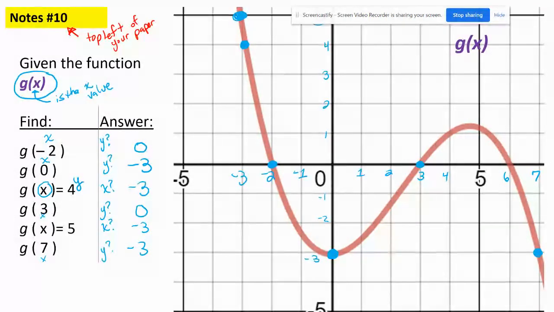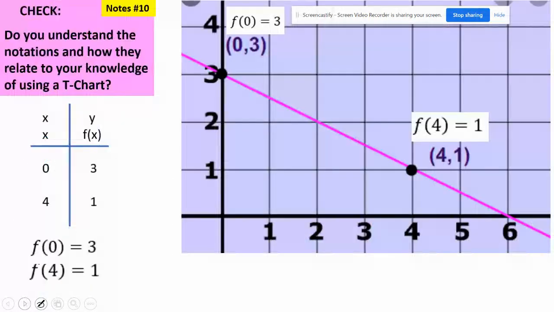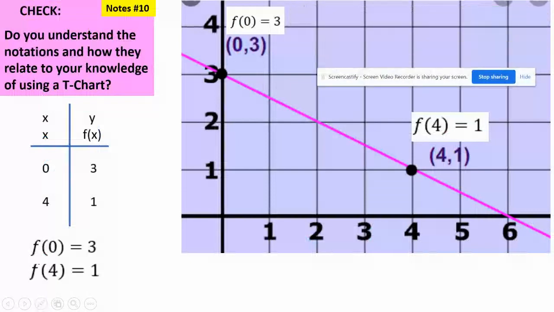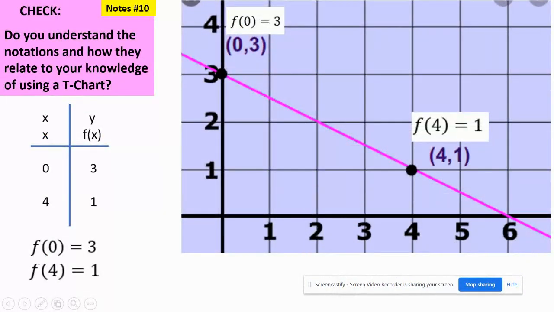All right. So I just want to show you one more picture here. So this is just a check. Do you understand the notations and how they relate to your knowledge of using a T-chart? So remember, we used to just think XY T-charts, right?